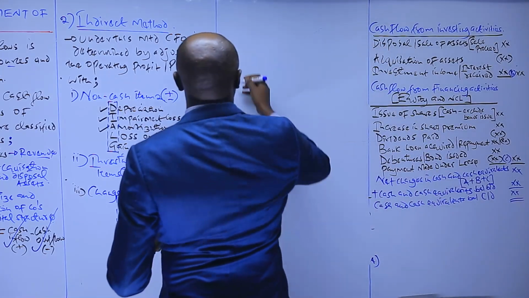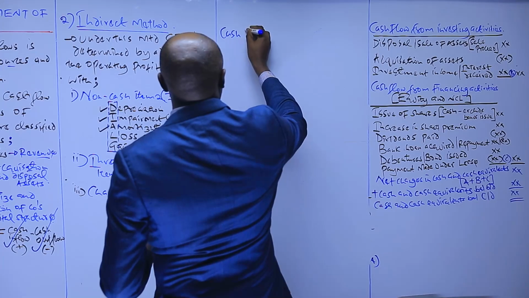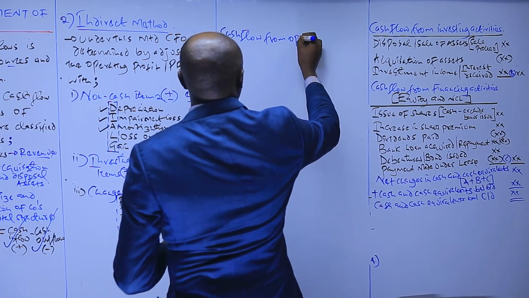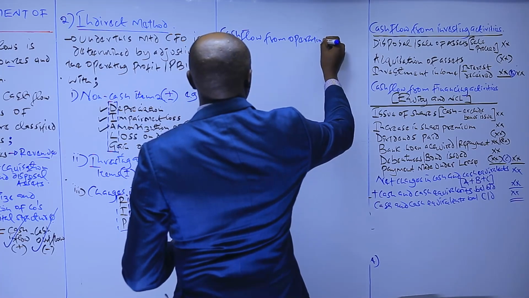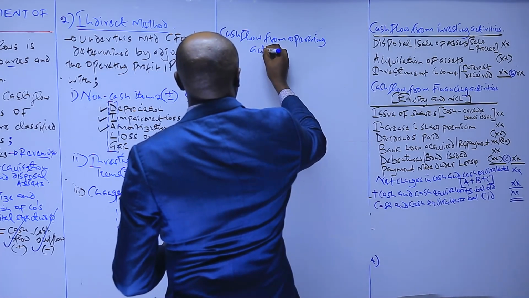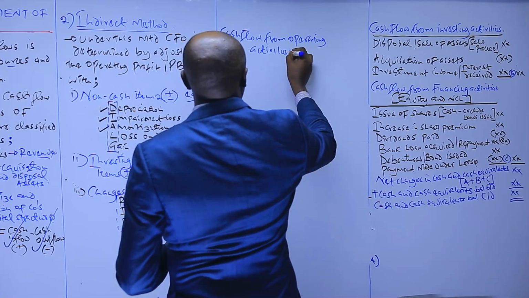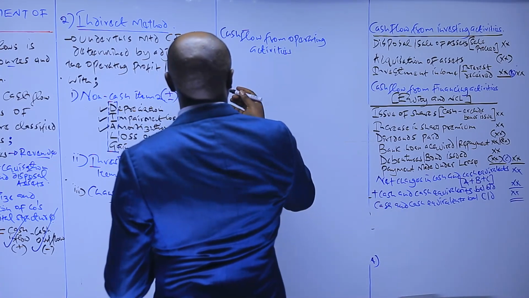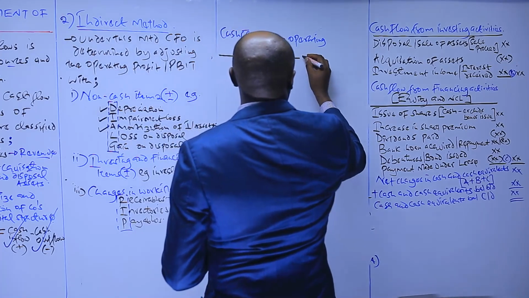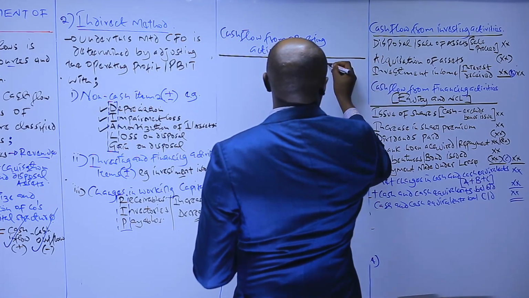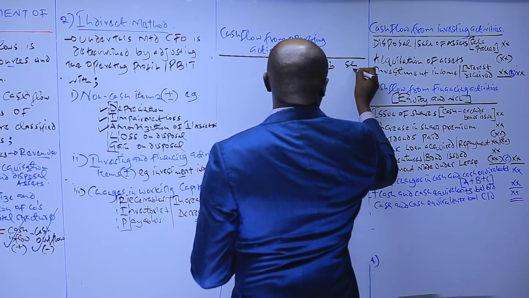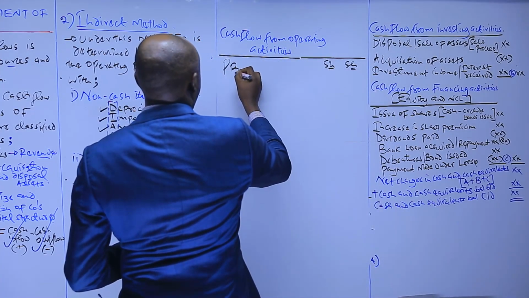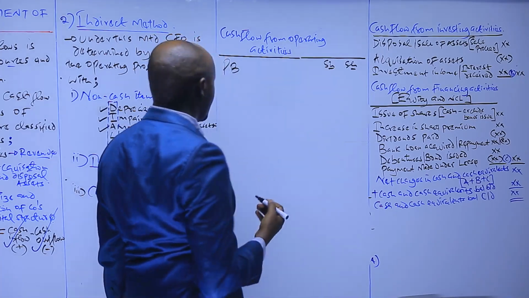So cash flows from operating activities, using indirect method. Remember, always I've said you should have two columns, and what we start with here is the profit before interest and tax.